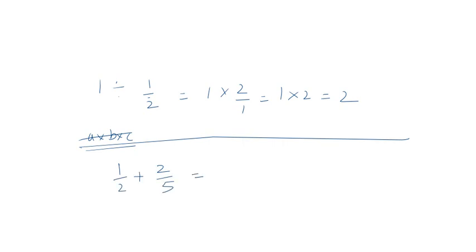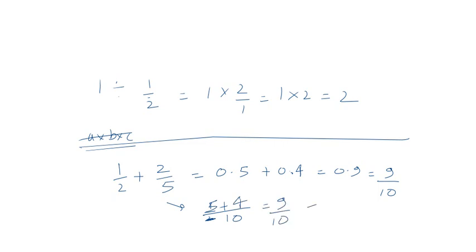You convert into decimal. I'm taking an example to show that everything will be the same. If you go by the fraction method, the answer will still be the same.